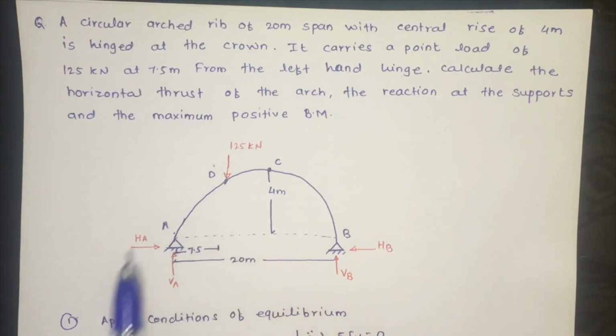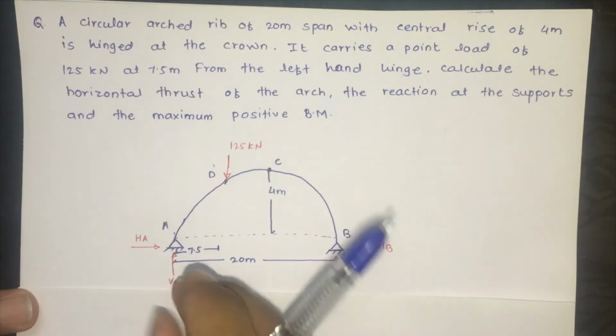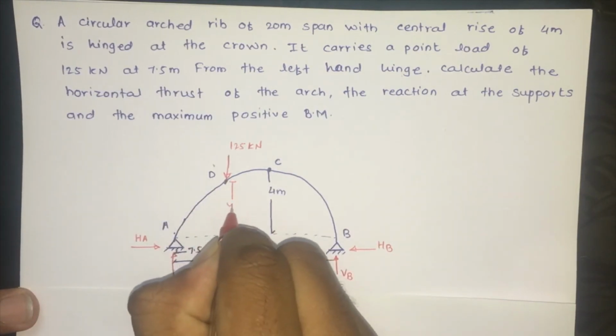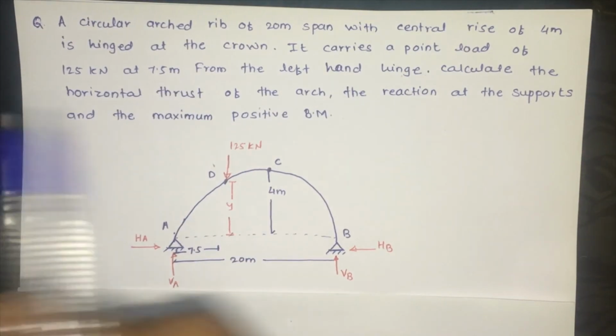Let's see how we find the bending moment at point D. To find it, we require this height. So first we will try to find out this height.